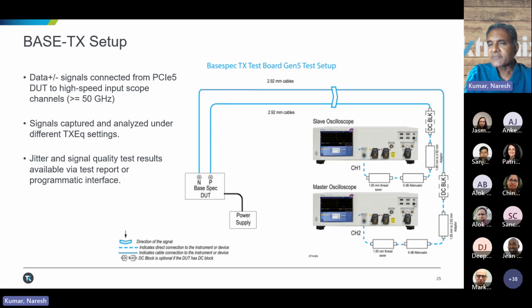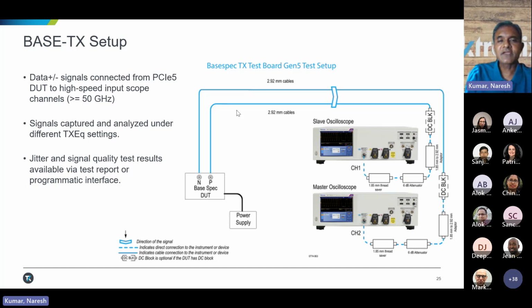There are so many components which come in the way from the oscilloscope to the device under test, and all these are characterized, and the cables and everything else is defined as what can be used for the spec verification, and what are those identified components which you should be using while making these tests. Some of the setups can be quite complicated. This is not as complicated as certain other test specifications lay out.